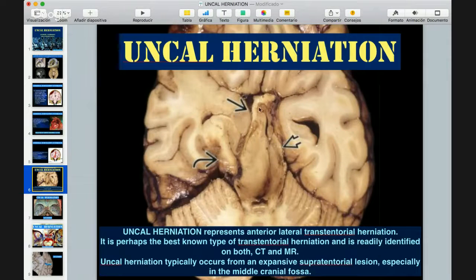Here you can see the herniation of the temporal lobe. This is the brainstem. Uncal herniation represents anterior lateral transtentorial herniation, and is readily identified on CT and MRI. These are the pathological specimens.